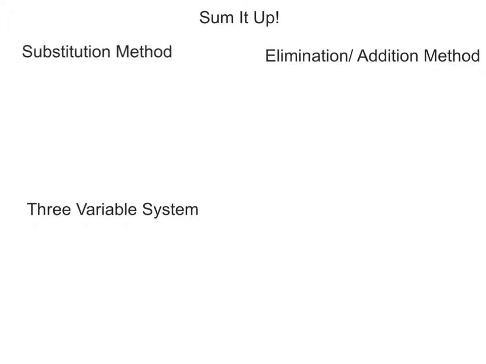Awesome. So we have done it all. We've done substitution method, elimination/addition method, and then there's 3 variable systems. With your substitution method, you want to look for a variable by itself. That's the best way to do the substitution method.